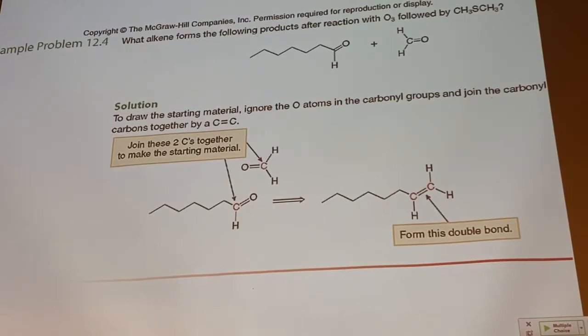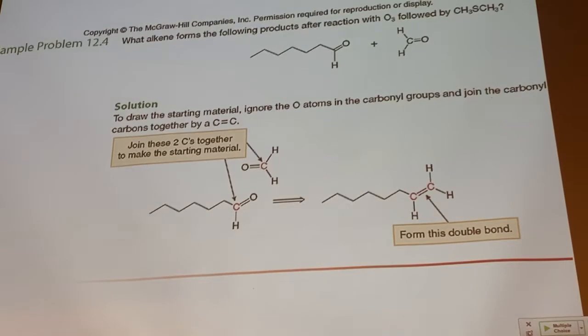So if you knew you had an alkene in your molecule, you could perform an ozonolysis, determine the structure of the aldehydes or ketones you produced, and then you could mentally glue those back together to get the alkene that you started with. And that's what this sample problem does. This is the sort of thing that's not done in the lab anymore, but you do tend to see it on standardized exams. So you do want to practice those kinds of problems.